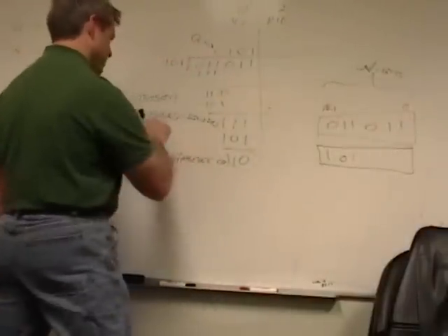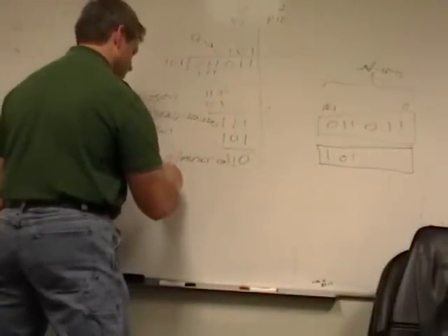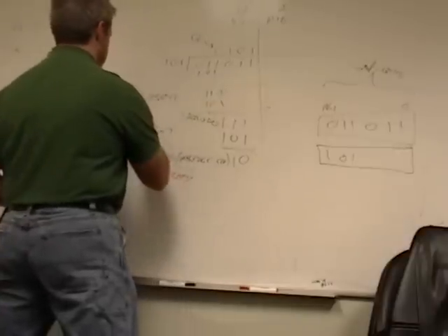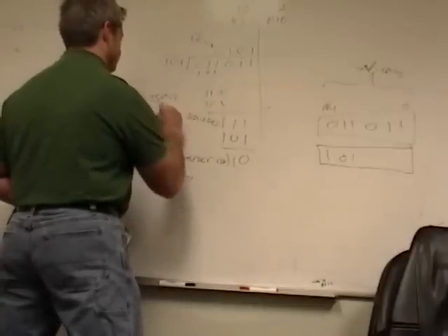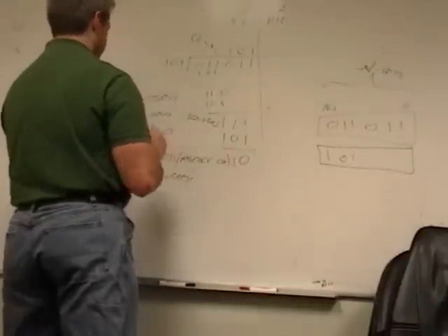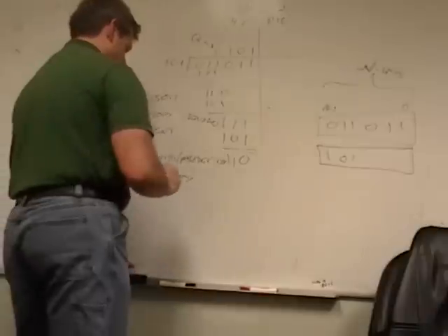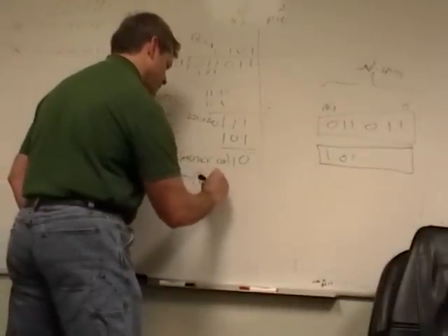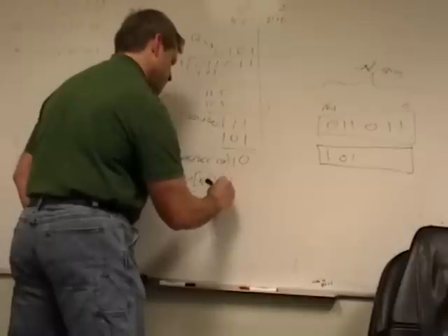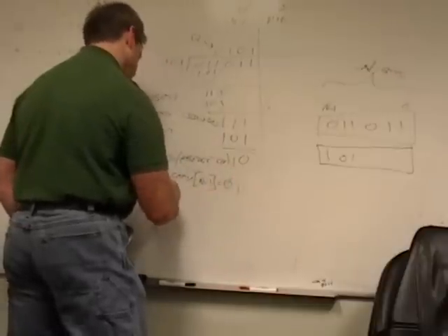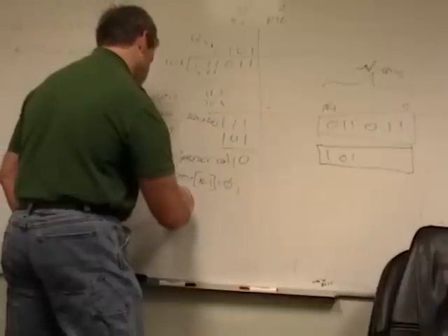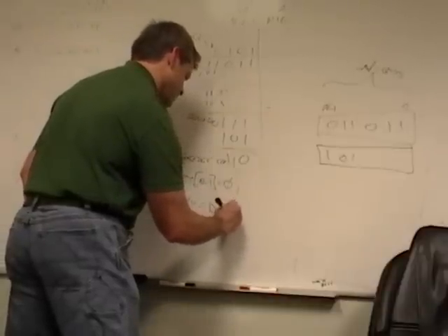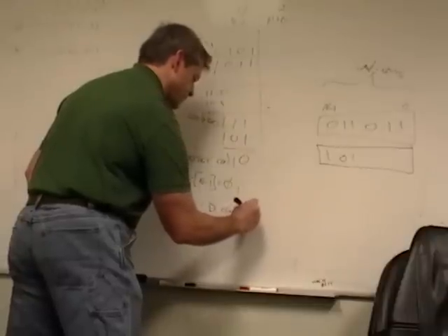So if dividend underscore copy, we'll call it d underscore copy, of n minus 1 equals 0, then d underscore copy is equal to d underscore copy left shifted 1.